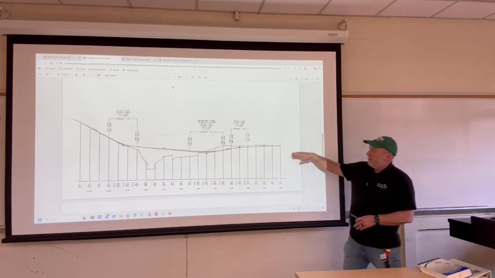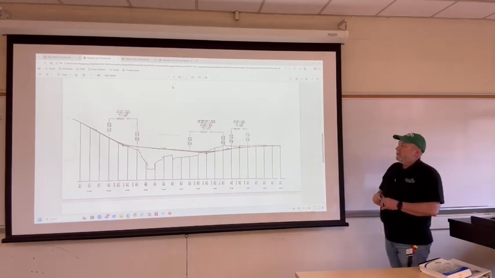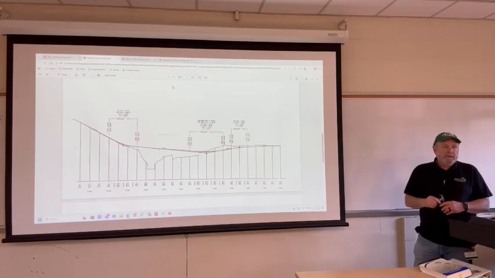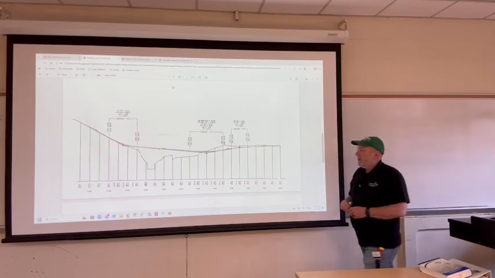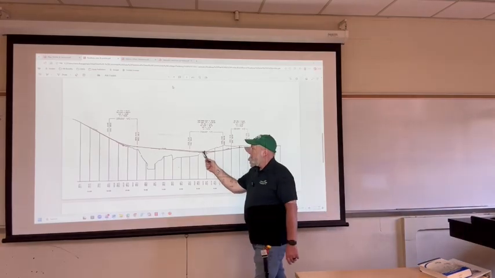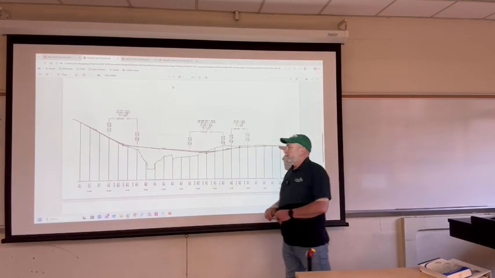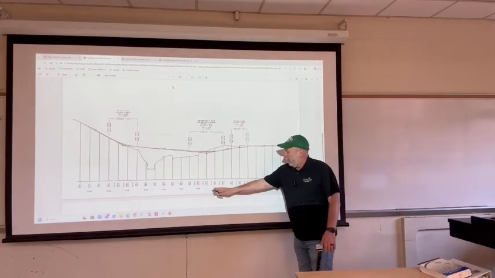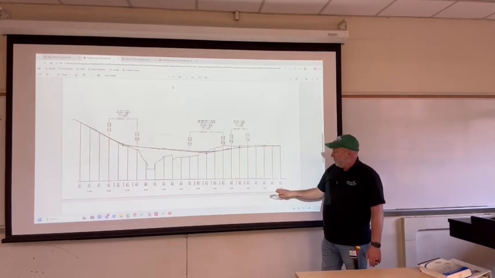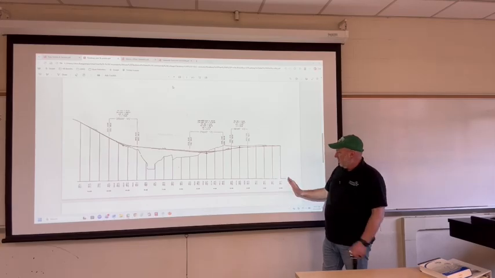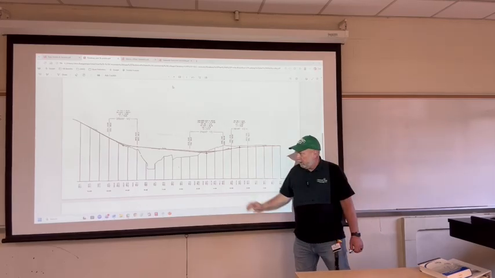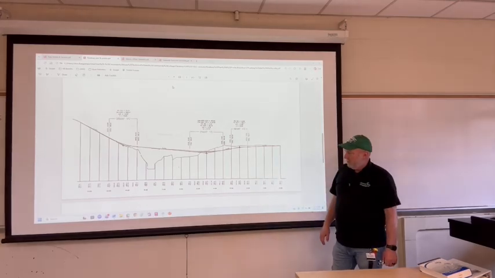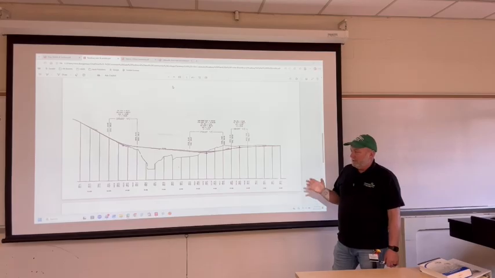Obviously, where the proposed road is below the existing ground would be cut. And up here, where the proposed road is going above the existing ground, would be fill. So as you see here too, we have our stationing. And it looks like stationing is actually going from right to left, which is odd. Typically, I've always looked at it going left to right.